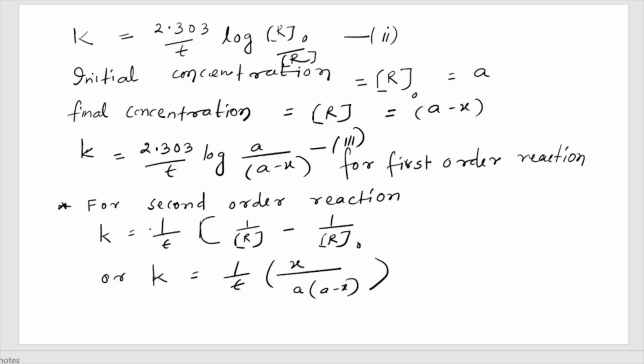For the second order, you only need to remember it, no derivation is required. Here k equals 1 by t times x by a into a minus x, where you put [R] equal to a minus x and [R]0 equal to a. This is the formula. It is not so important in 12th class, but you should remember it for different competitive exams.